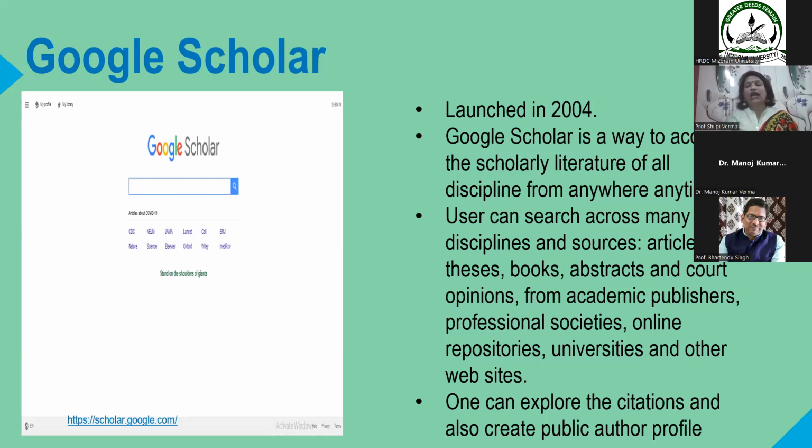It is based on articles, theses, books, abstracts, whatever you have in your own record, and that is being updated automatically. If you write something and your article is published, it is updated on that site. There are options to upload manually or automatically, and it will fetch from the internet whatever you have written.